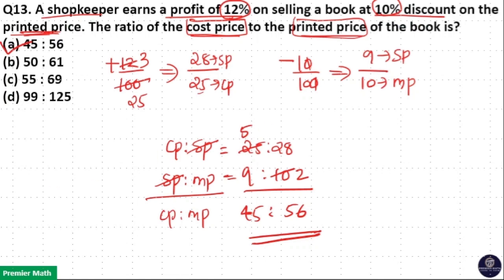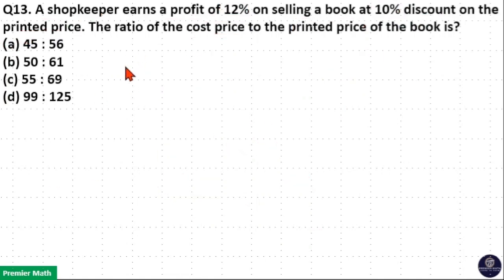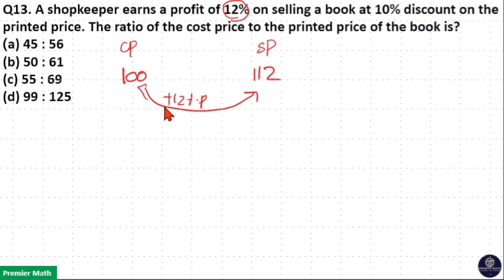Now if you want to do this question in a different way, consider cost price as 100 rupees. Then sell price must be 112 rupees because there is a profit of 12%. Now there is a 10% discount on the printed price.